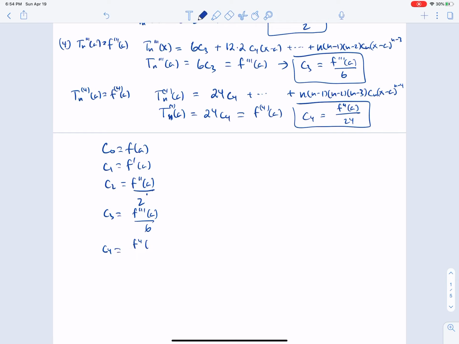C4 is the fourth derivative at A over 24. Well, maybe we're beginning to see what's going on with these denominators. 2, I could rewrite as 2 factorial, 6 as 3 factorial, and 24 as 4 factorial.